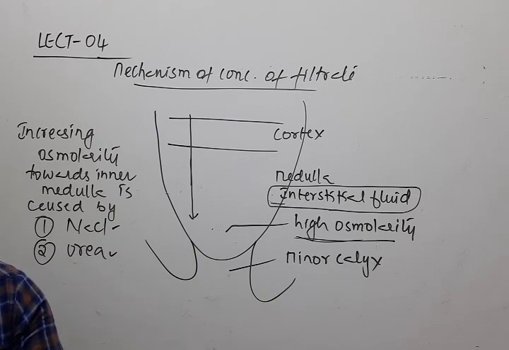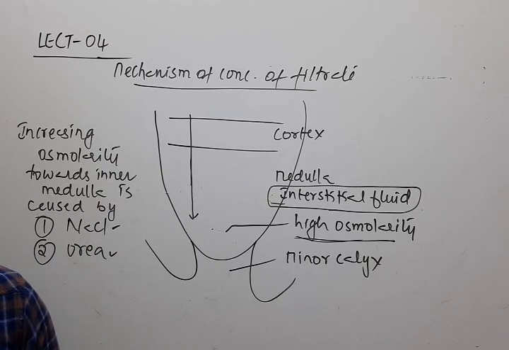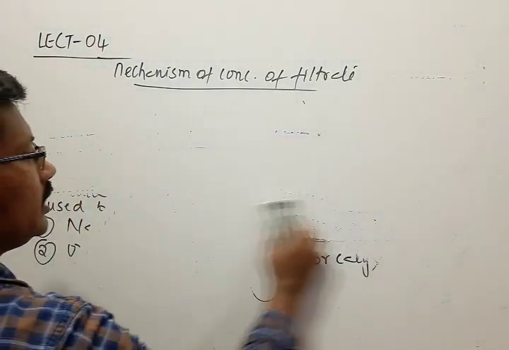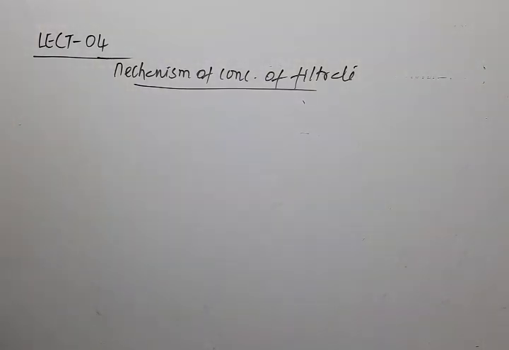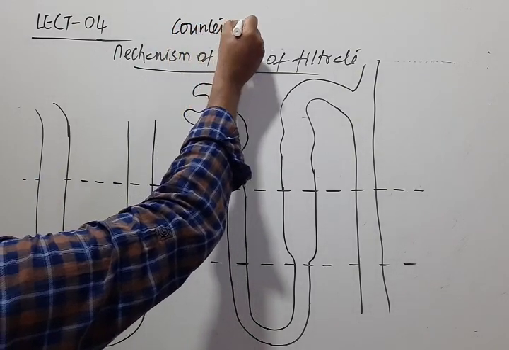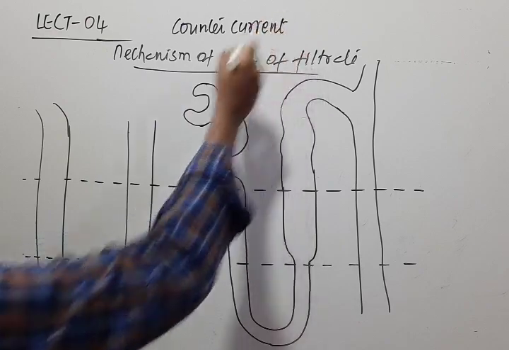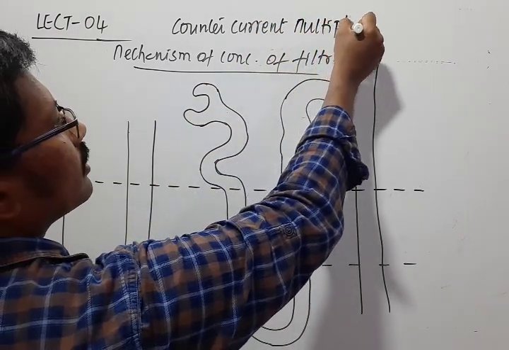The blood vessels which run parallel to Henle's loop play an important role in concentration of the urine. We will see how it occurs. So let's see this countercurrent multiplier system.